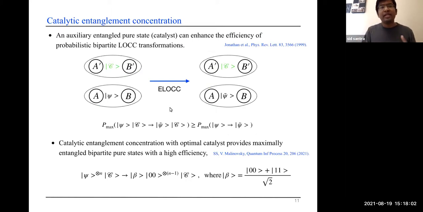And so this entanglement distribution based on catalysis uses something called catalytic entanglement concentration, and this is an entanglement transformation procedure that goes beyond the standard LOCC paradigm. Here, E stands for entanglement assistance, or entanglement assisted LOCC, where we obtain entanglement assistance in the form of a catalyst state. And so what this does is that if my success probability of transforming between psi and psi tilde using just LOCC turns out to be Pmax, then by attaching a catalyst state, which I can recover at the end of the process, I may be able to increase the success probability of this transformation.